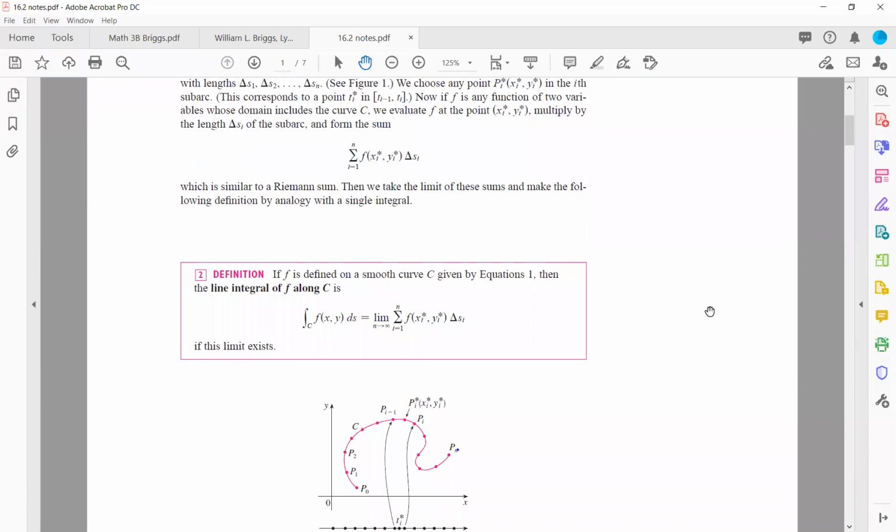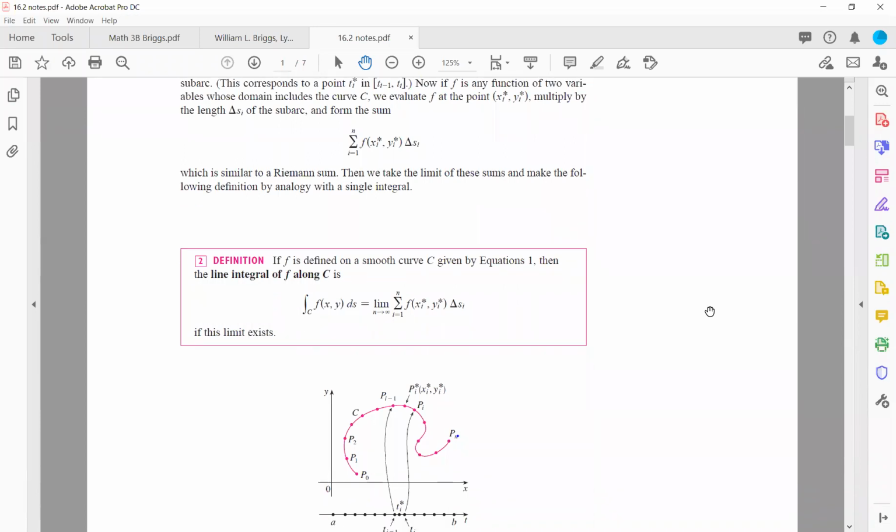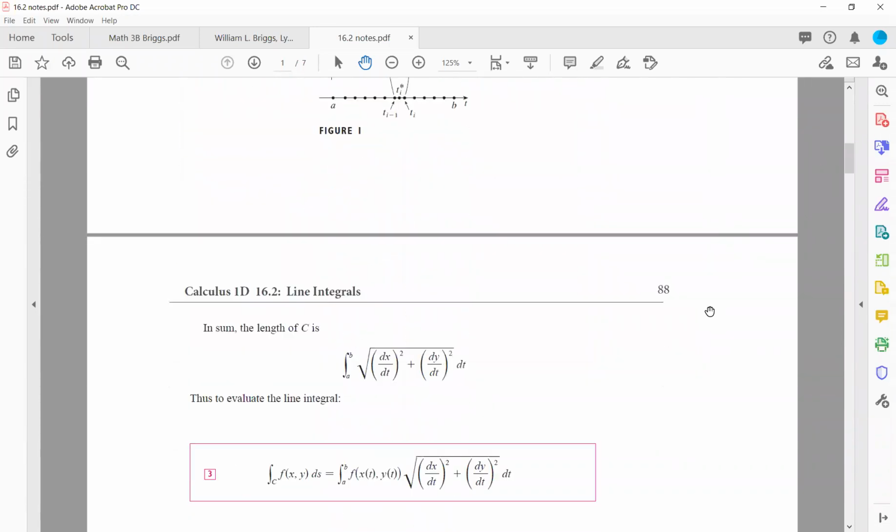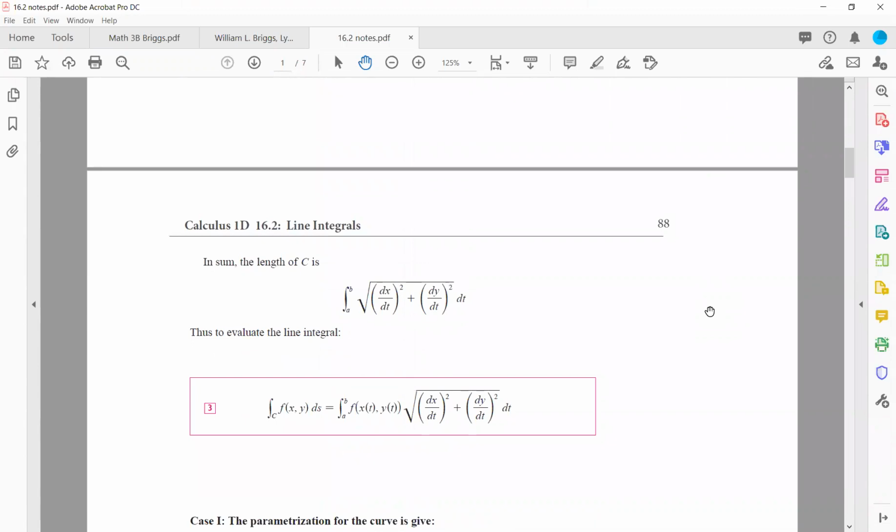Very well. Let us put it in a format that we can actually use. The line integral of function f along curve C is equal to the integral from a to b of f(x(t), y(t)) times the square root of the derivative of x with respect to t squared plus the derivative of y with respect to t squared.